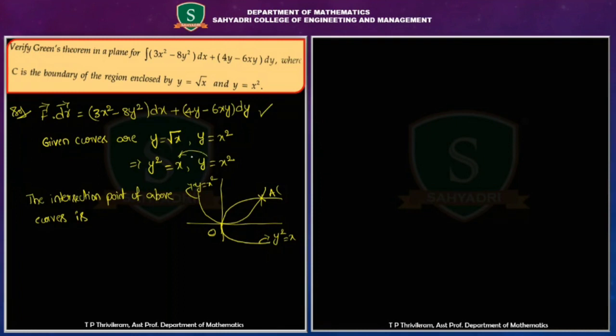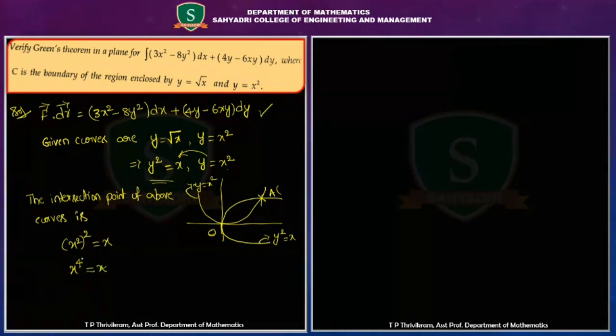So I am taking y equal to x² in this equation. If you put (x²)² equal to x, that means the second equation is substituted in the first equation. In the place of y I have substituted x² whole squared, equal to x.